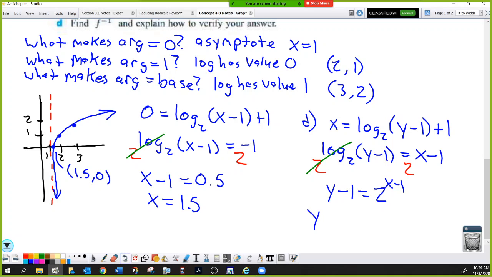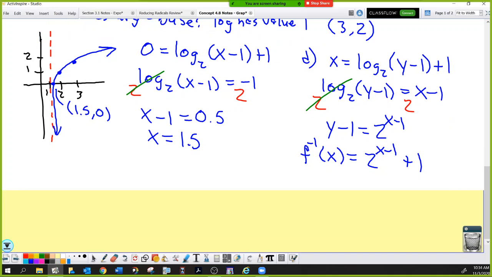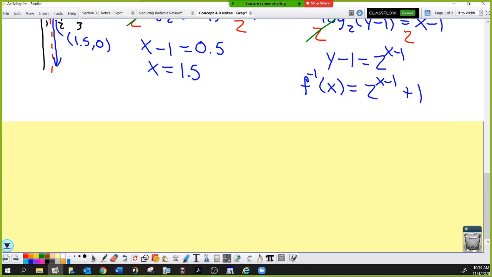Where's my undo arrow? Let's write f inverse instead of y equals. F inverse of x equals 2 to the x minus 1, plus 1. And if you're really, really crazy, if you wanted to, and you don't have to, you could say that this is 1/2 times 2 to the x, plus 1.